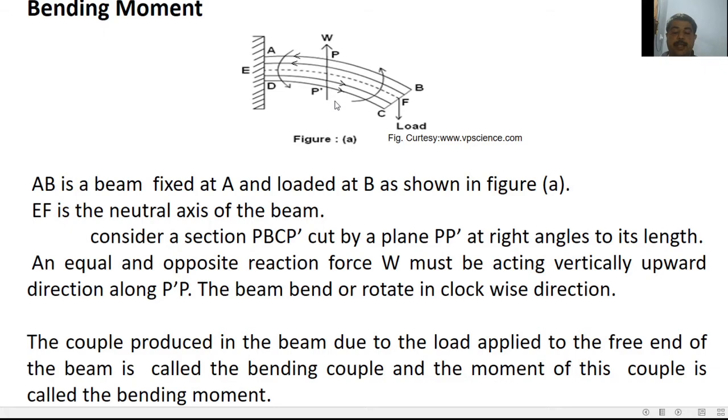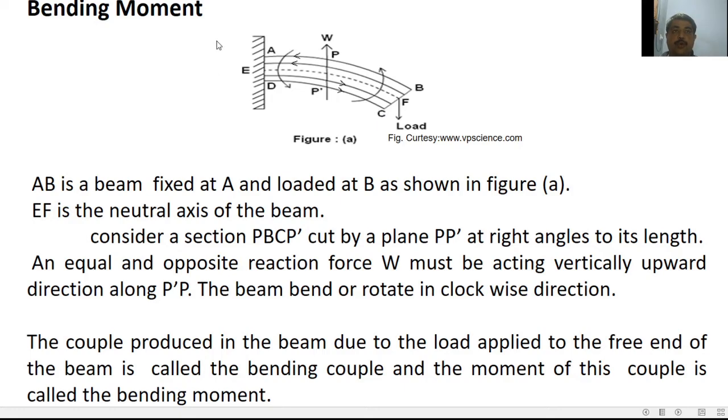An equal and opposite reaction force is acting vertically upwards along P'. The load acting vertically downward at its free end, and the reaction at the support acting vertically upward, constitute a couple. This couple tends to bend the beam clockwise.